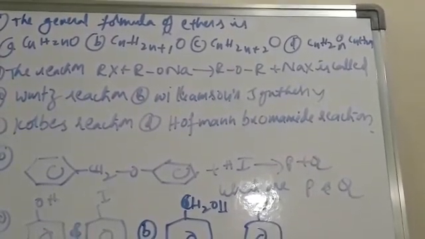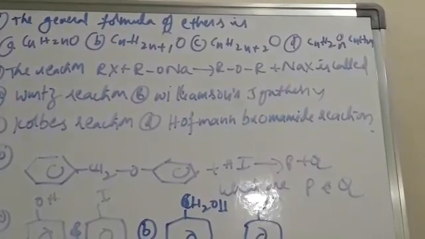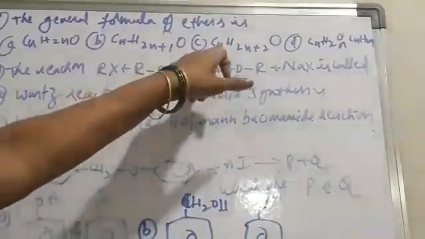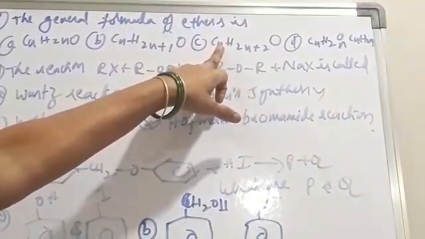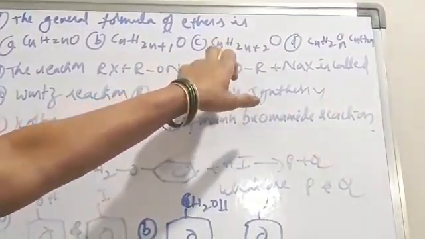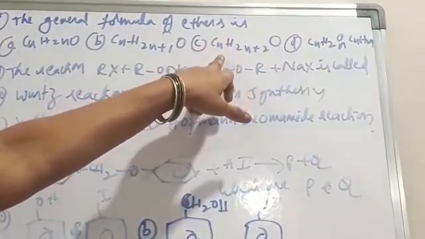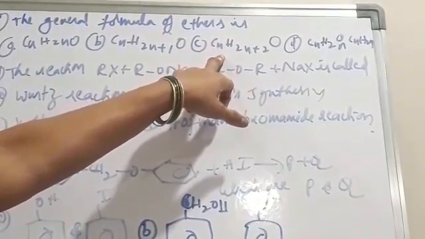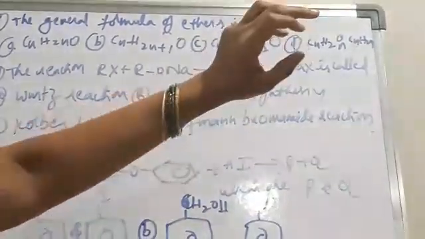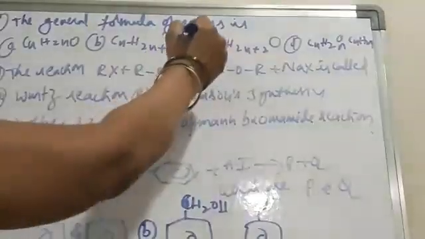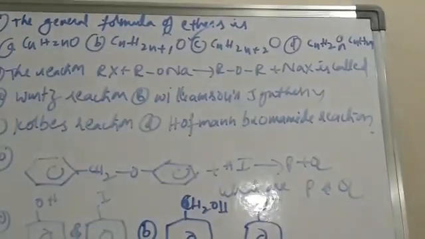So C4H10O. Okay. So if n is 4, if you substitute n with 4, we get diethyl ether formula. Okay, C4H10O. So its formula is CnH2n+2O.